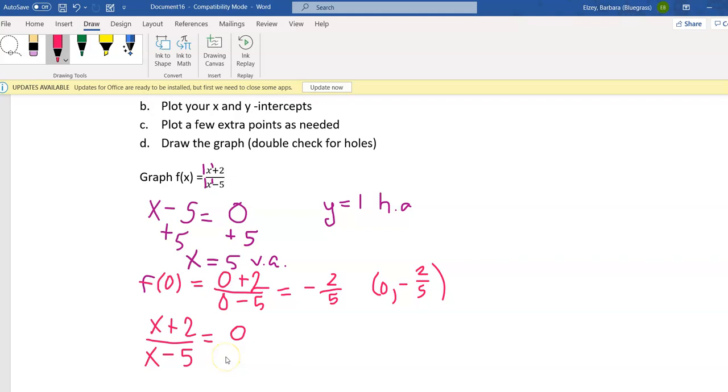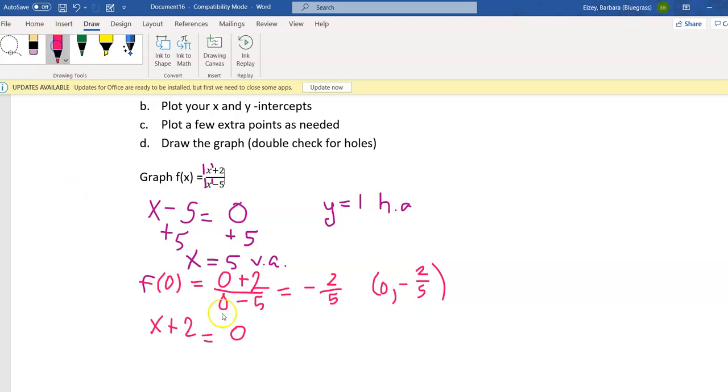The only way we ever get a 0 out of a fraction is if the top of the fraction is 0. We're not allowed to have the bottom equal to 0. That's what leads to our vertical asymptote, and it's not really in the domain of the function. So really, finding the x-intercepts amounts to just setting the top to 0.